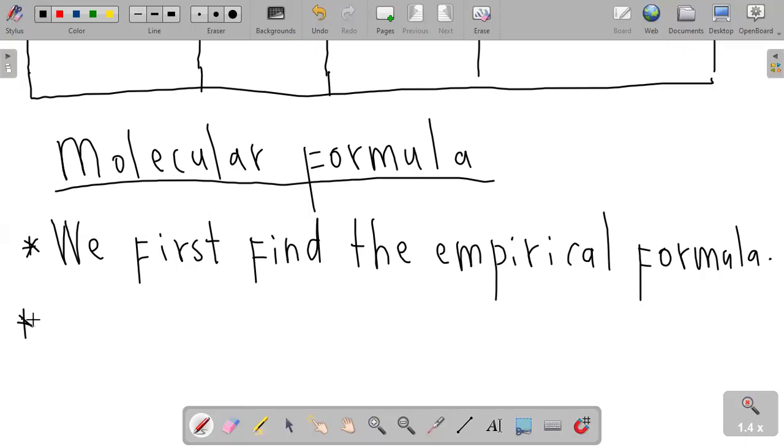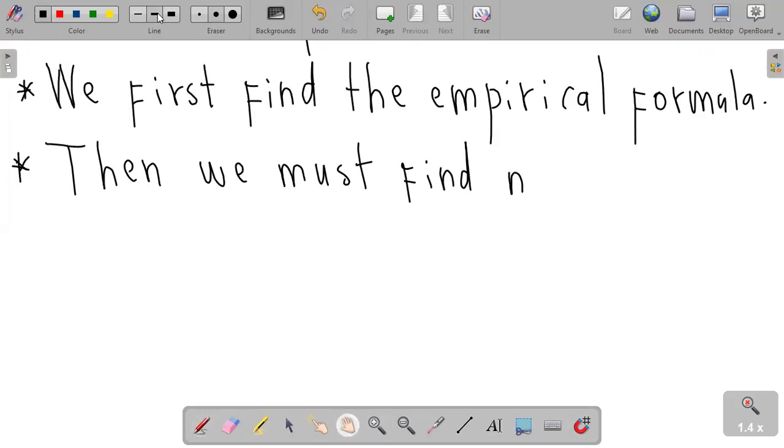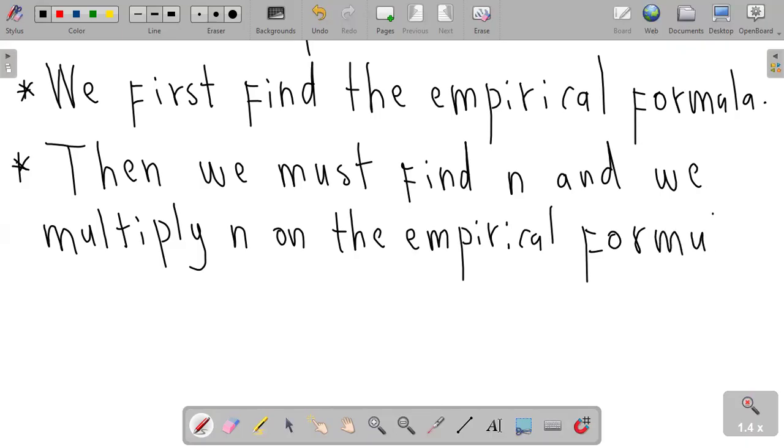And then after that, we must find N. Then we multiply N on the empirical formula.